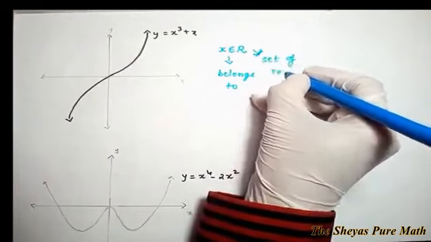So here the graph is increasing from -1 to 0, and from 0 to 1, the graph is decreasing.